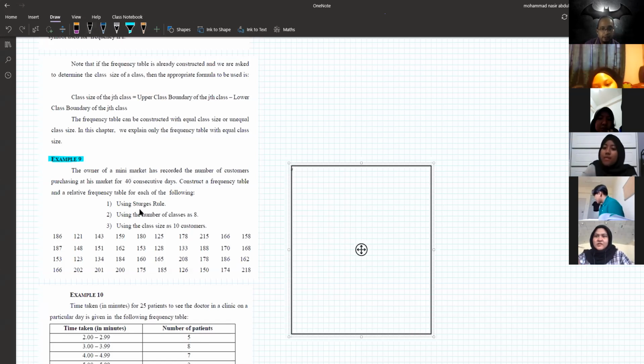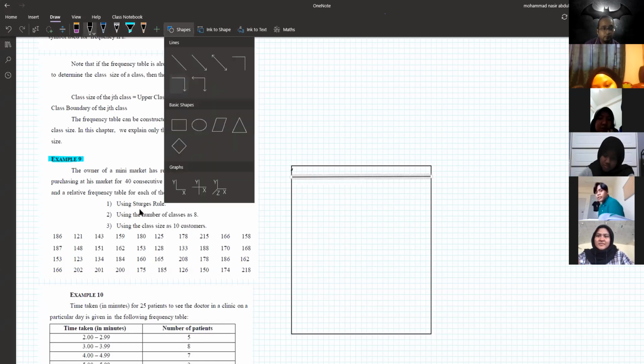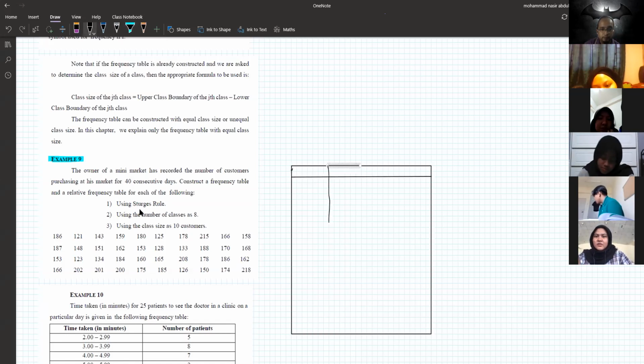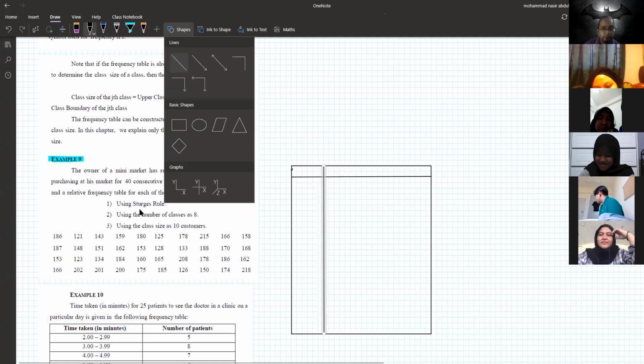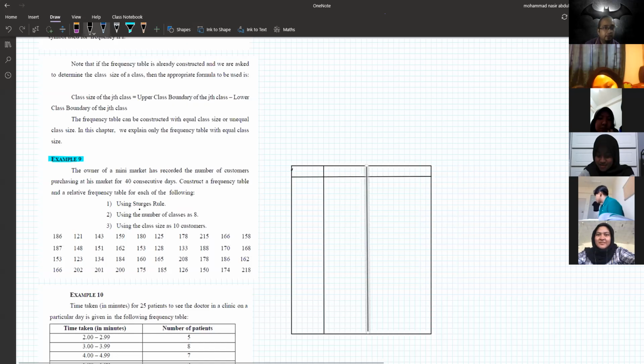In this box we basically have 3 columns: column number 1 is your class, column number 2 is your frequency, and the last column is the relative frequency.